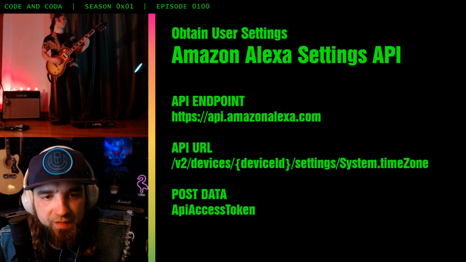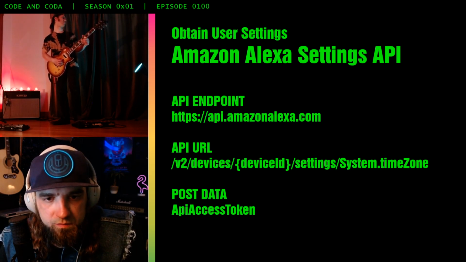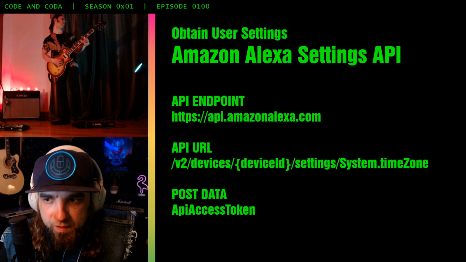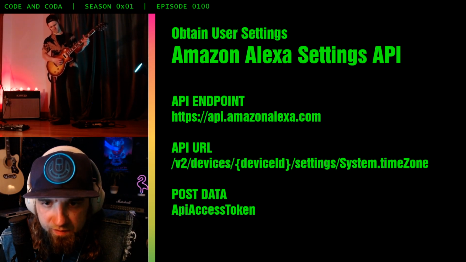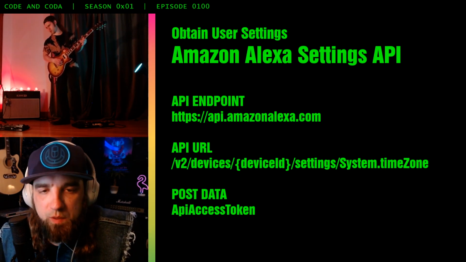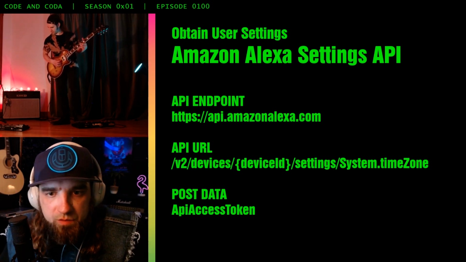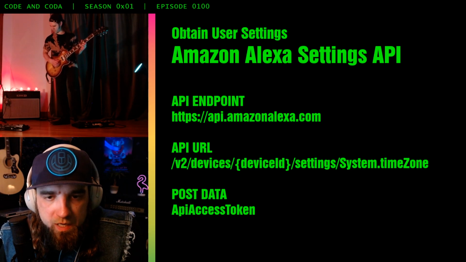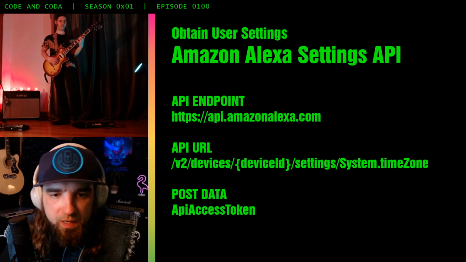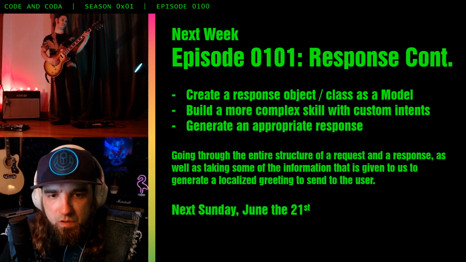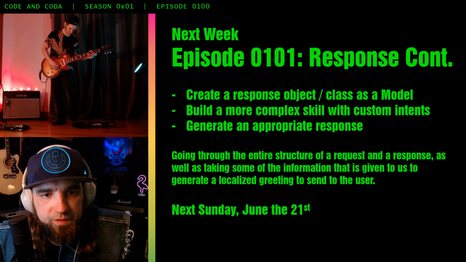We're also going to send that API access token. Remember that access token changes about every 15 minutes in this case. So we need to send that password along with our request to the Amazon REST API. We'll do all of that next week.